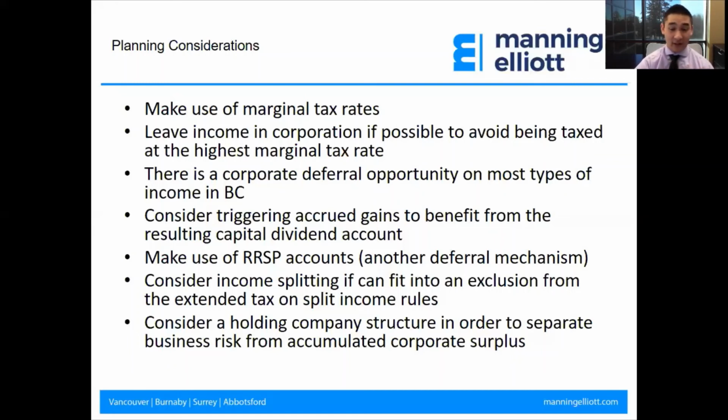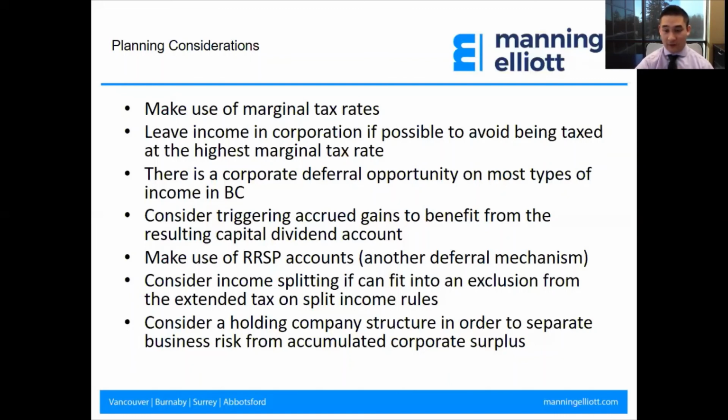But let's say you need to extract corporate surplus. You could be looking at surplus stripping or triggering accrued gain on an asset that's held by the corporation to achieve a lower effective tax rate. This is complicated planning, so you should reach out to a tax advisor to discuss this.